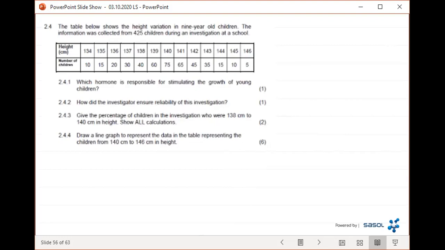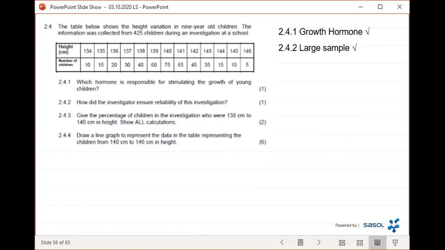That would be the growth hormone. Then question 2.4.2. How did the investigator ensure reliability of this investigation? Guys, we can just look at the sample size. It's quite large. So if you just said it has a large sample size, that would be correct. A lot of children were used, that would be correct.